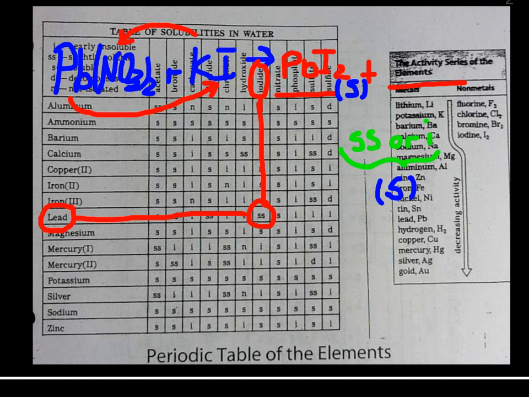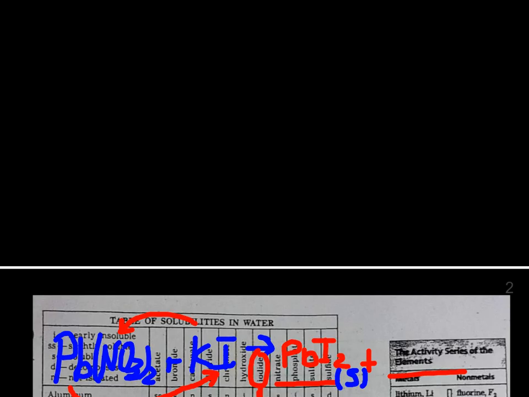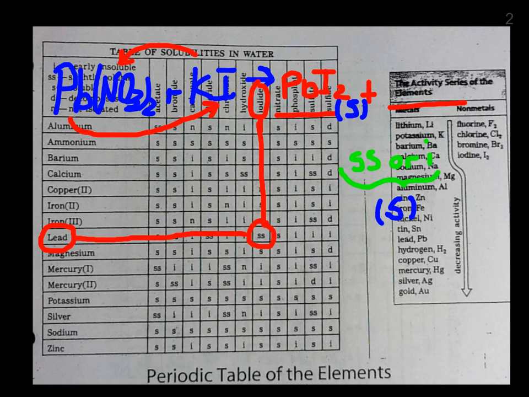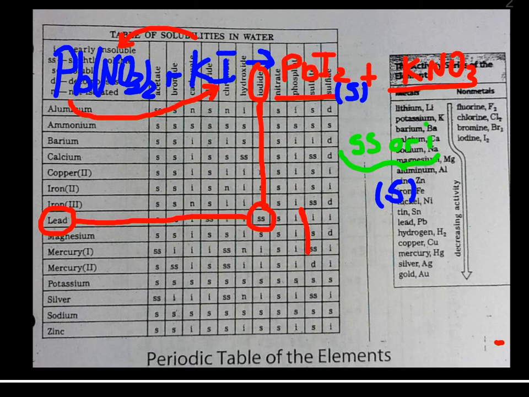Now, the other product over here was KNO3. And if I look up KNO3, here's potassium down here, and nitrate is right here.